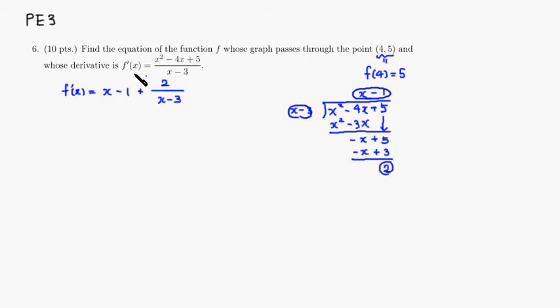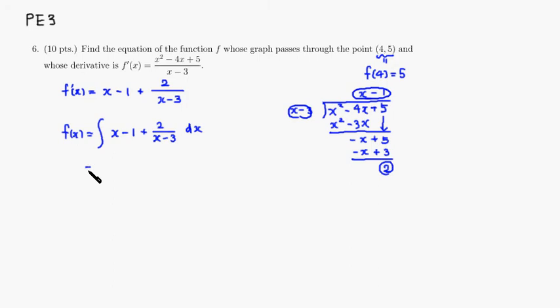This is exactly the same function as the original. So in order to find the original function, we take the antiderivative. f of x is equal to the antiderivative of x minus 1 plus 2 times 1 over x minus 3, so 2 over x minus 3, dx.